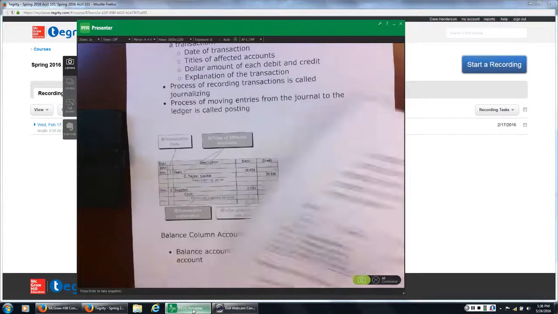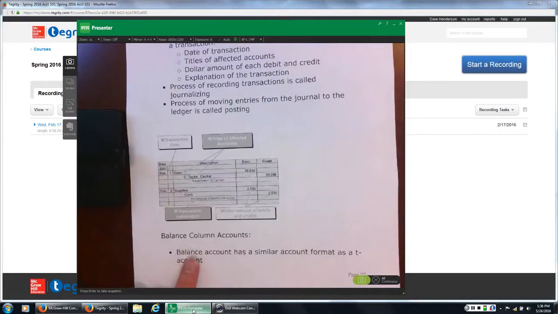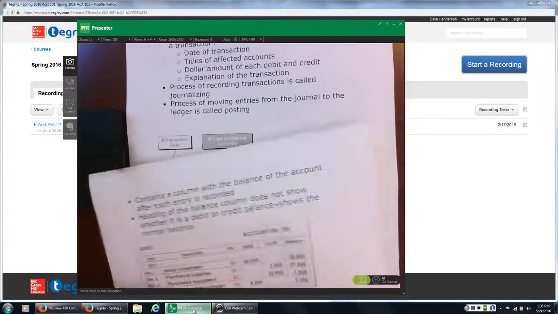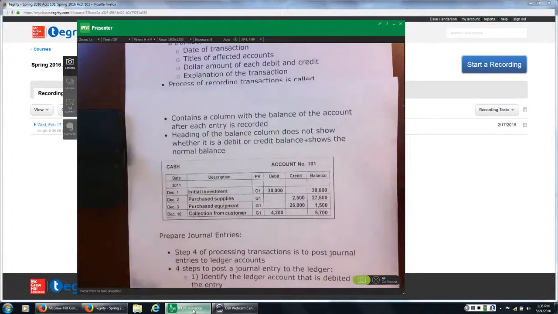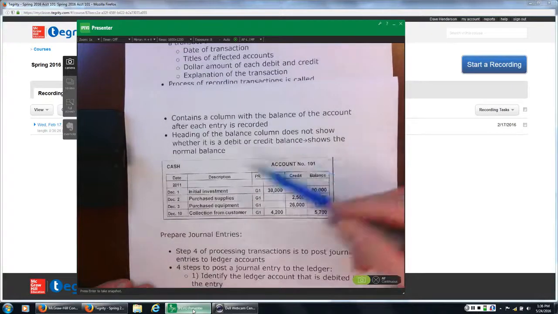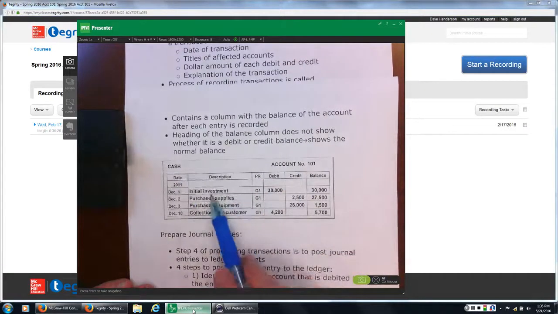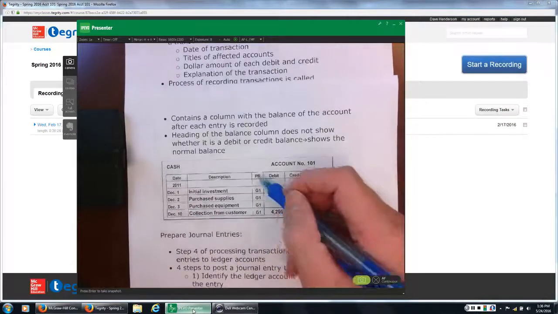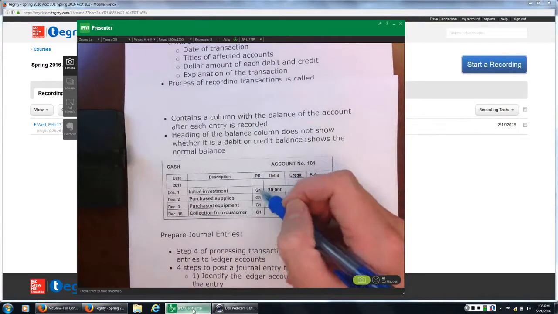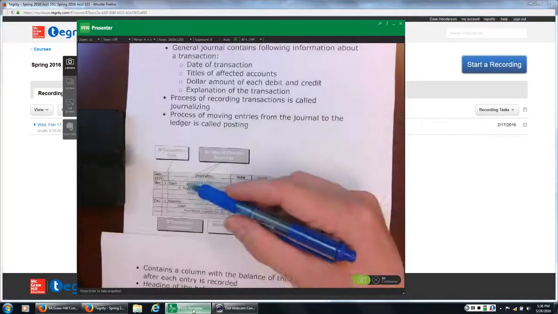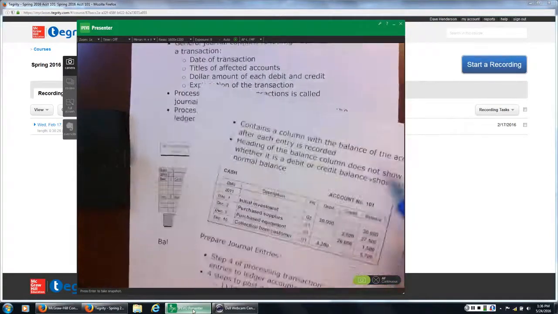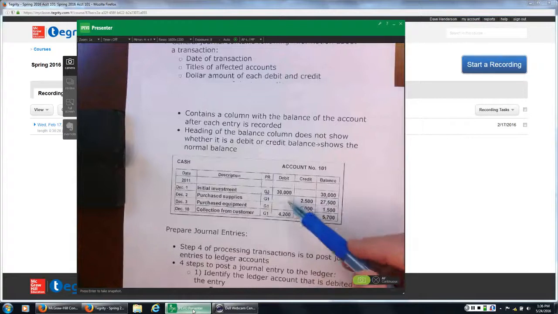Okay? So it says right here our balance column account is just like a T account, and this visually represents the journal ledger. So you can see it's account number 101, which is cash, and then look. So we come over here and we say description, debit, 30,000, and this is called post reference, which this G1 stands for general journal page 1. So it's referencing this journal entry right here. Okay? So initial investment, $30,000.